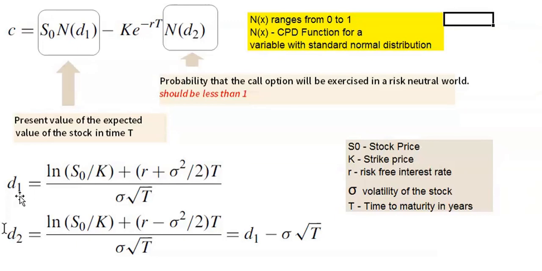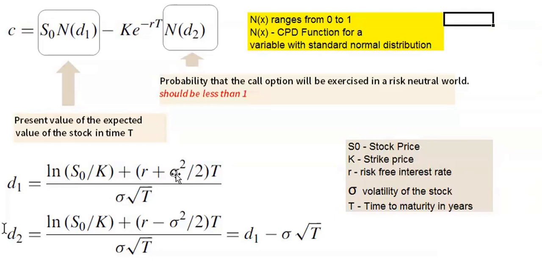Now there are two formulas for D1 and D2. Of course, if you understand D1, then you could apply it to this formula here to calculate D2. So D1 basically is the log of the underlying divided by the strike price, plus the risk-free interest rate plus half of the variance.